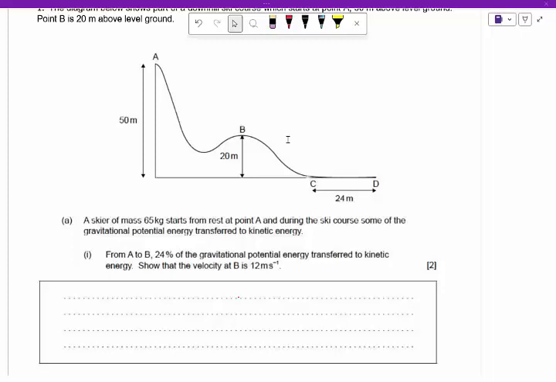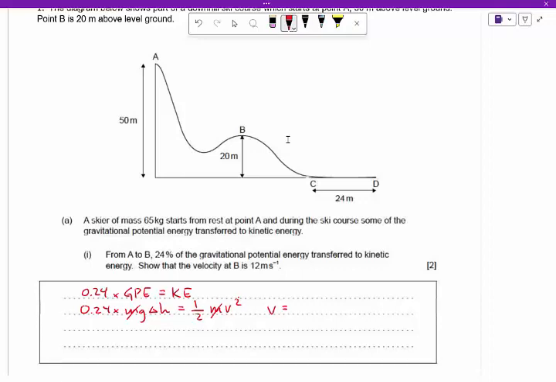Okay, so we can say 0.24 times the gravitational potential energy is equal to the kinetic energy that it has. So we can substitute in the symbols here. 0.24 times mgΔh is equal to 1/2 mv squared, and we can immediately cancel the m's, and now we can rearrange for v.